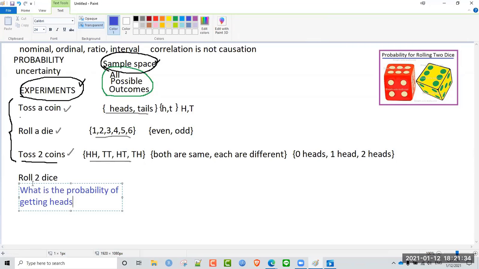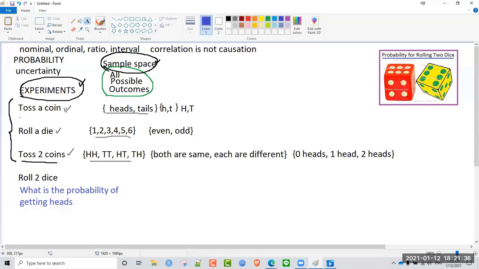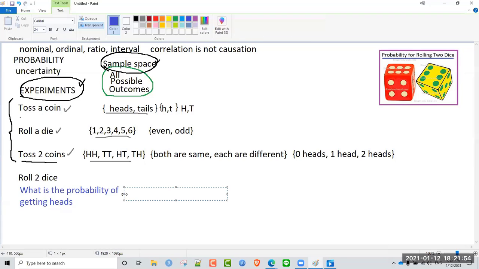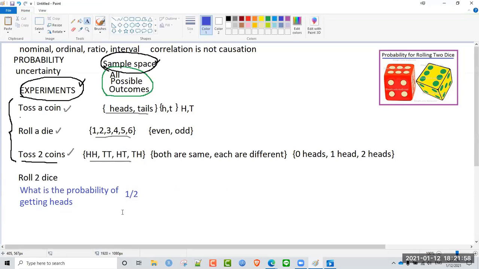And I'm talking about this experiment, tossing one coin. So what's the probability of getting heads? One half. Yeah, it's 1/2, right? 1/2.